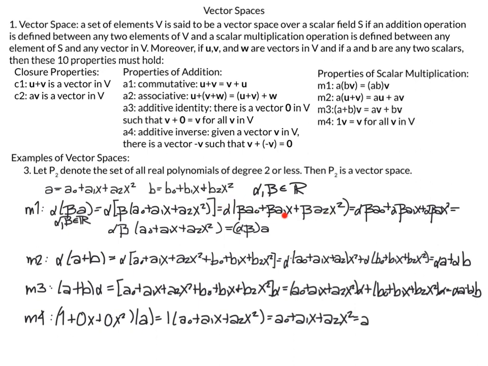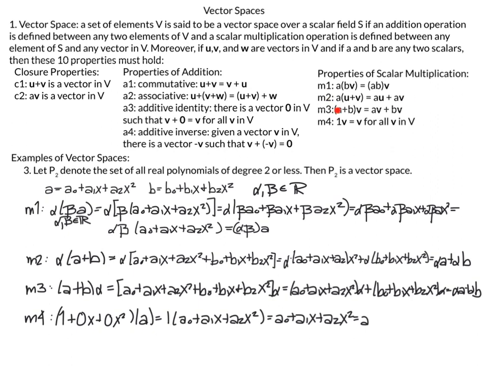And then by multiplying by my next scalar alpha, I get this expression here, alpha beta a naught plus alpha beta a1x plus alpha beta a2x squared. And then I can pull out my alpha and beta because these are just real numbers now. And I get alpha beta times my polynomial a.